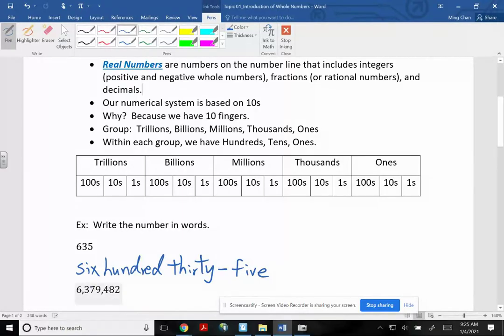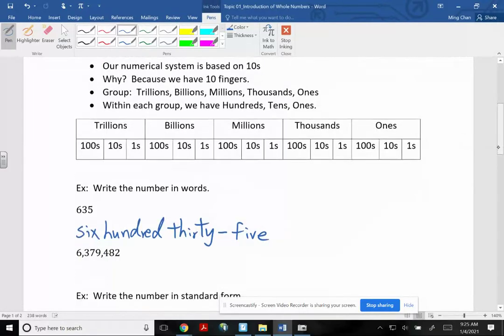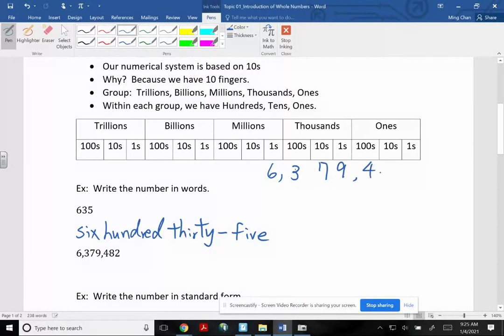All right. For the next example, 482 is in the ones, 379, and the comma separates the groups, is in the thousands. The 6 has to be in the ones position under the millions group. So 6,379,482.